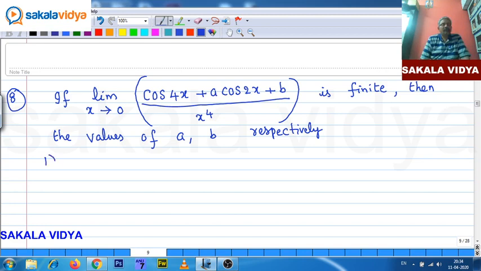First one is 5, second option is minus 5 comma minus 4, third option is minus 4 comma 3, fourth option is 4 comma 5. This is the question.